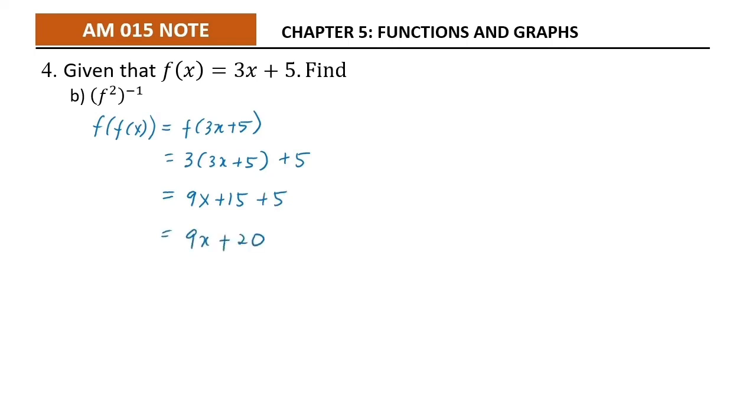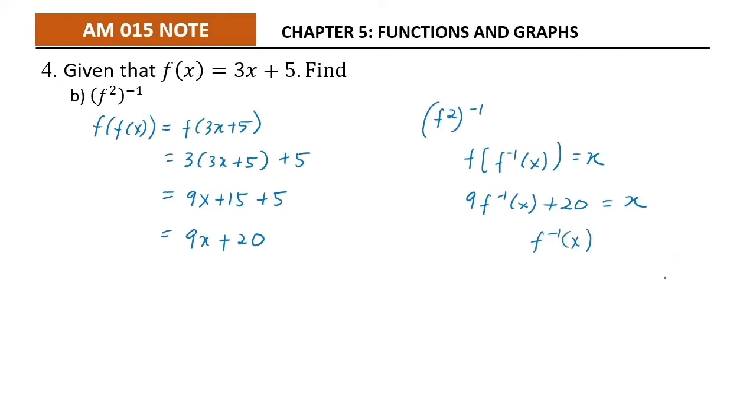And then f squared inverse of f inverse equals x. f is now f squared. 9 times f inverse plus 20 equals x. So f inverse equals (x minus 20) over 9. Okay, so f squared inverse is actually equal to f inverse squared.